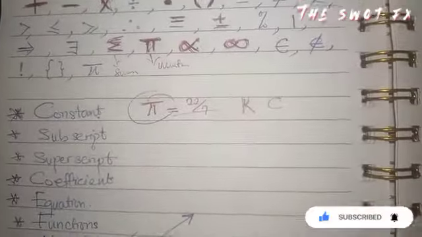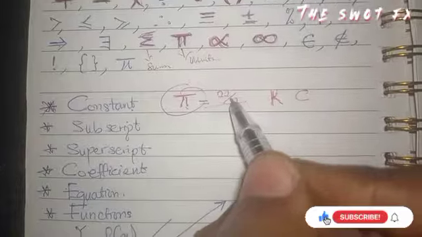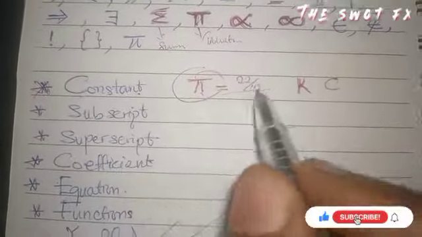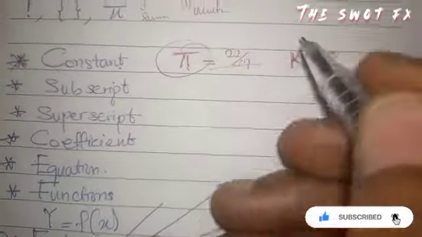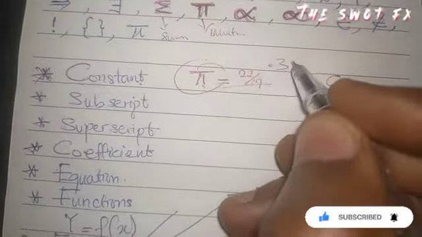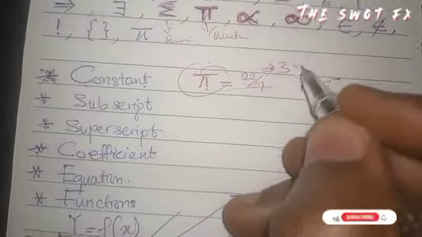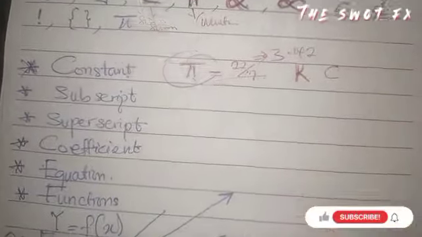All of them have their various constants in mathematics. Pi is 22/7, every constant has its own separate value. The value for pi can also be 3.142.